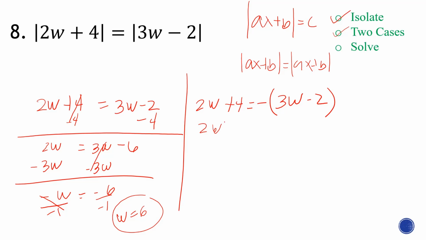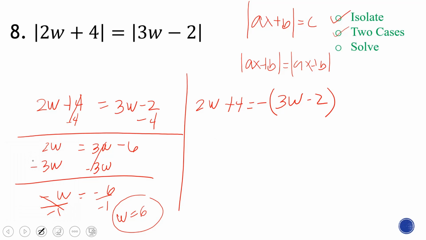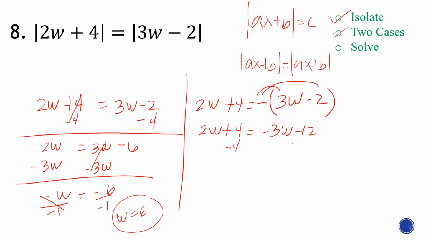Here on the right side, we have 2w plus 4 equals, we will distribute that negative to both 3w and negative 2. So this will be negative 3w plus 2, right? And then subtract 4 again.